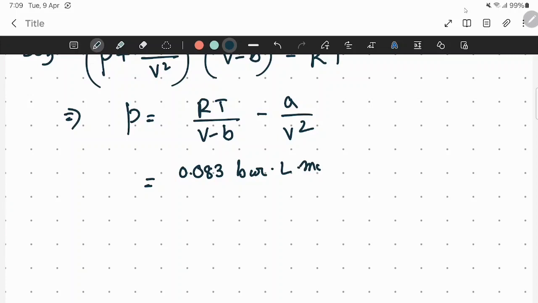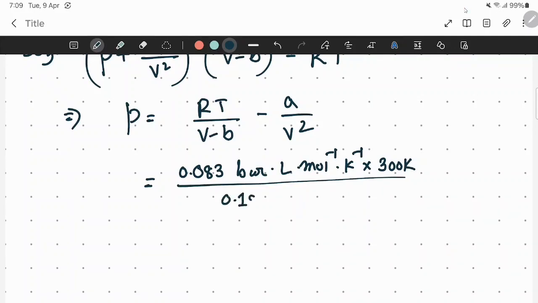Mole inverse, Kelvin inverse into T, which is 300 Kelvin, divided by V minus B. V is 0.15, and B is 0.04.